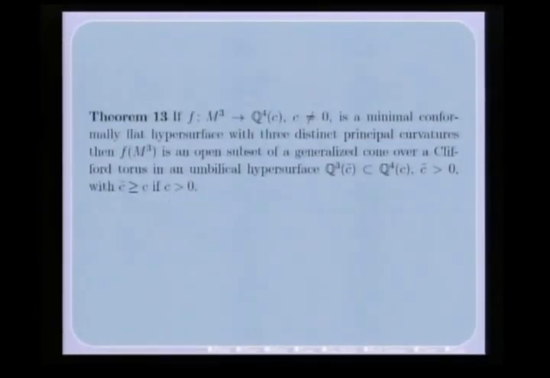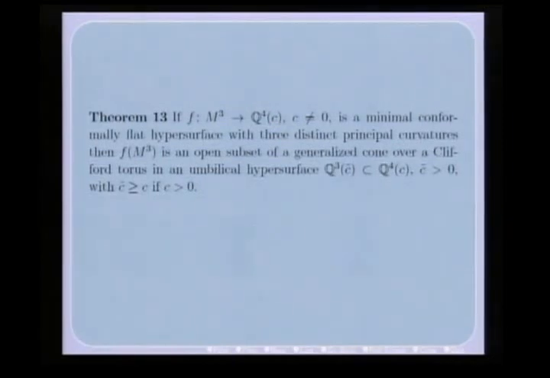And what we could prove first was that except in Euclidean space, you cannot find any further example. The only example of a minimal conformally flat hypersurface with three distinct principal curvatures is a generalized cone over a Clifford torus.